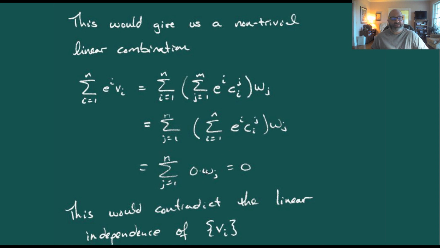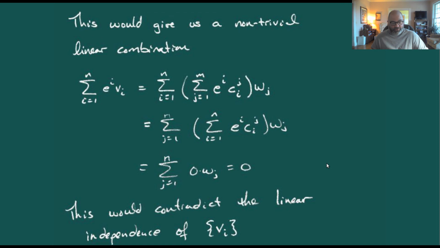Well, these e sub i's give us 0 in all of those. And so that gives us 0 times w sub i's, which gives us all zeros. Now we've got a non-trivial linear combination of the v sub i's that gives us 0. Well, that contradicts the linear independence of our collection v sub i's.